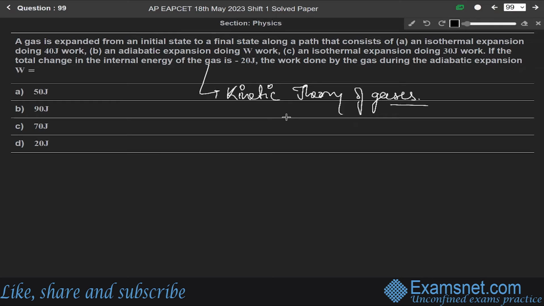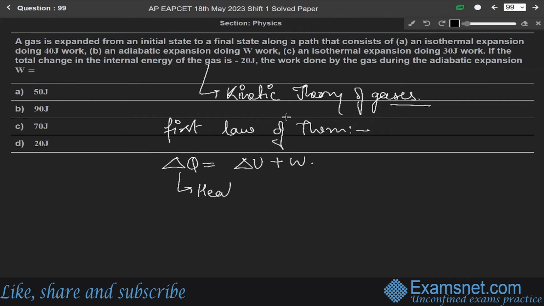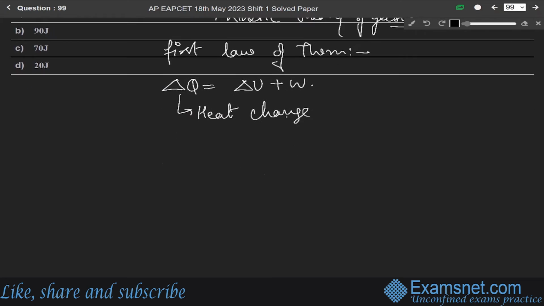Okay. So according to the question, first we will use the first law of thermodynamics. From the first law of thermodynamics, we know that del Q is equal to del U plus W, where del Q is the heat change, and delta U is what?